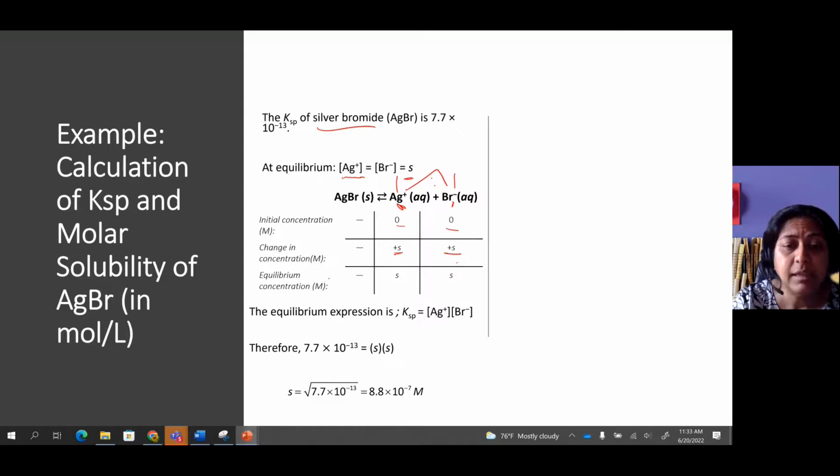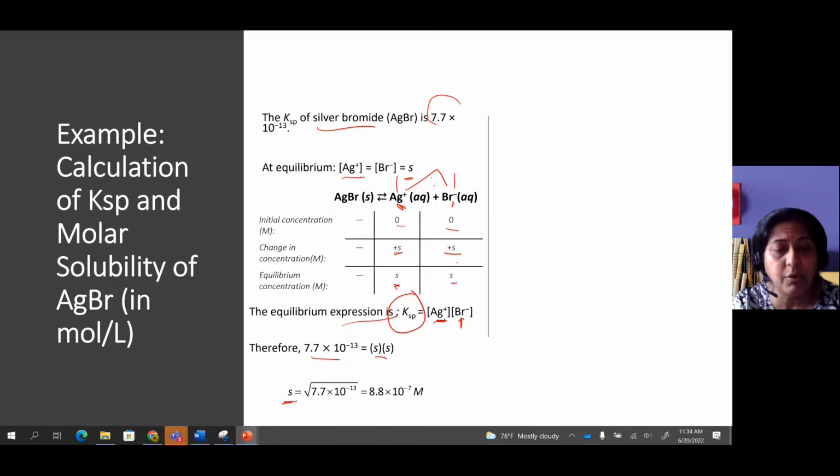The equilibrium concentration for silver ions is just S, and the equilibrium concentration for bromide ions is also S. Then we write the equilibrium expression as Ksp equals the equilibrium concentration of silver ions multiplied by the equilibrium concentration of bromide ions. Then we plug in the given Ksp value, and it equals S squared.